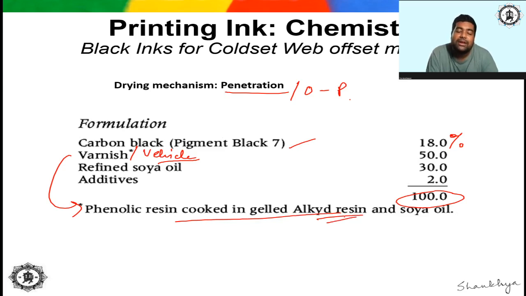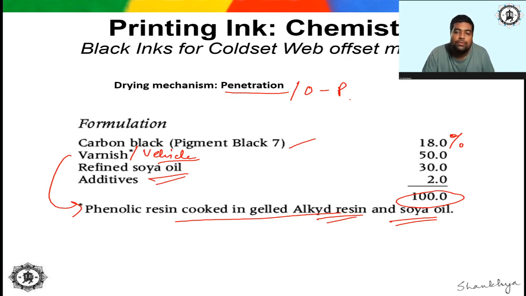You remember I told you in the cooking process that you add the distillate first, then the preheated alkyd, and then to that the resin. So here alkyd resin has been used, gelled alkyd resin nonetheless. This has all been cooked inside of soya oil, that is vegetable oil, drying oil. Then we have got the soya oil and the various additives that we have chosen.